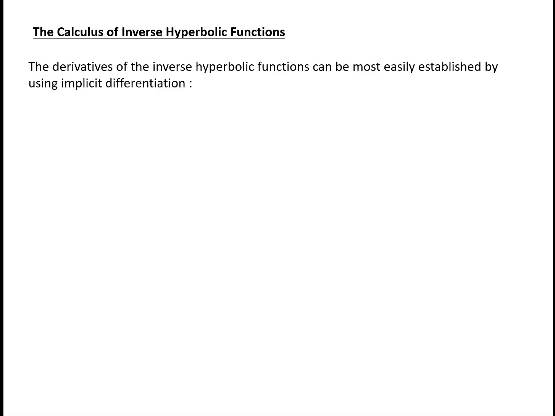Now we've looked so far at the calculus of the hyperbolic functions. We're now going to look at the calculus of the inverse hyperbolic functions. And the results here are most easily established if we use a little bit of implicit differentiation. So if I've got y equals sinh to the minus 1 of x, then that tells me that sinh y must be equal to x.